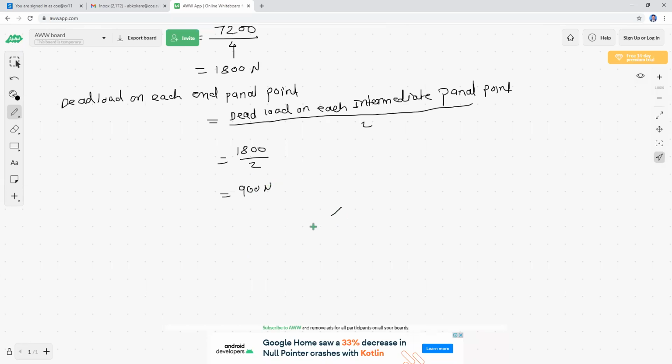And we have to show the sketch. After the dead load calculation, we have to show it by sketch.